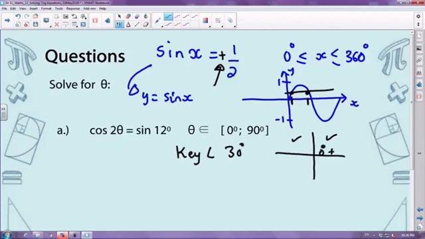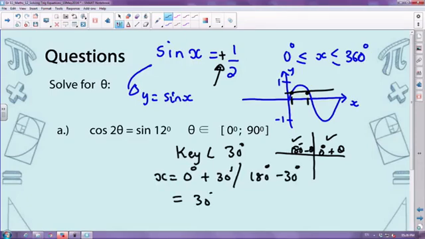It's 0 degrees plus an angle, or 180 degrees minus an angle. So x is 0 degrees plus 30 degrees, or 180 degrees minus 30 degrees, which gives us 30 or 150. This is just a typical example for now, before we get onto your general solutions and so forth.